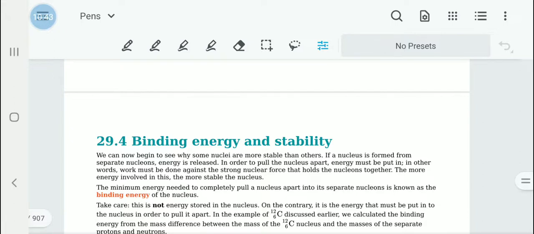Leave a line, put a star and write down: the minimum energy needed to completely pull a nucleus apart into separate nucleons is known as the binding energy of the nucleus.